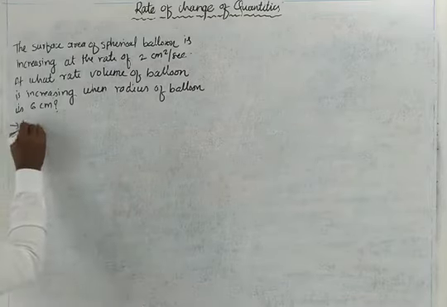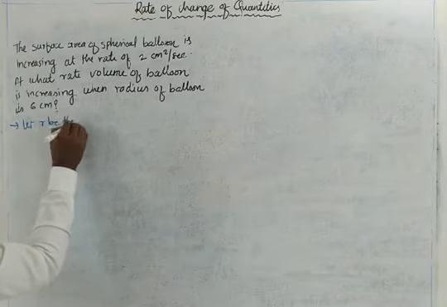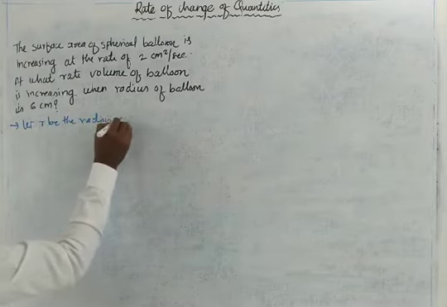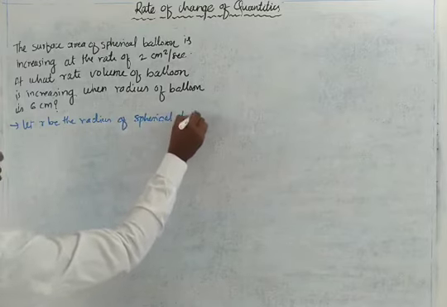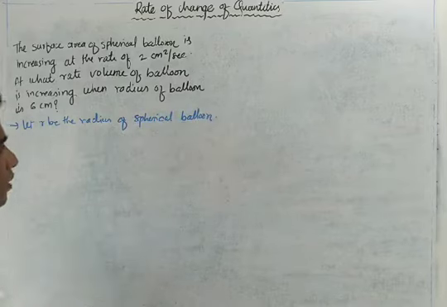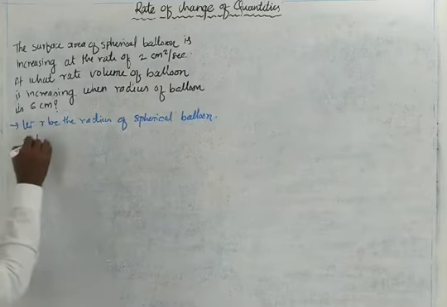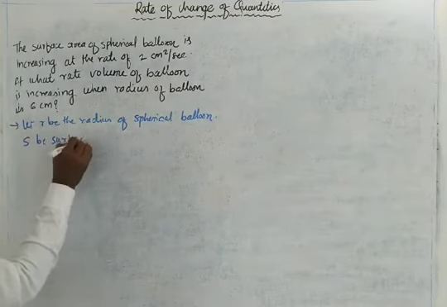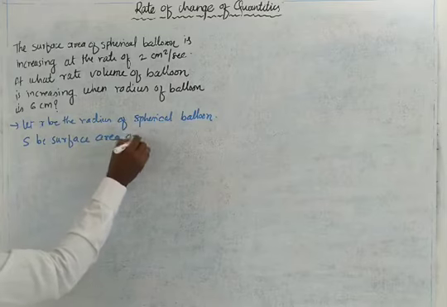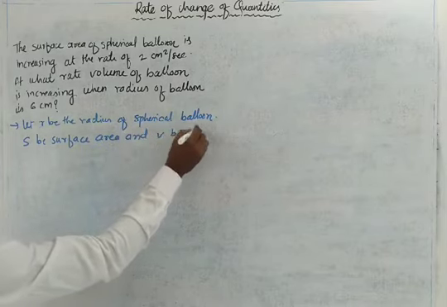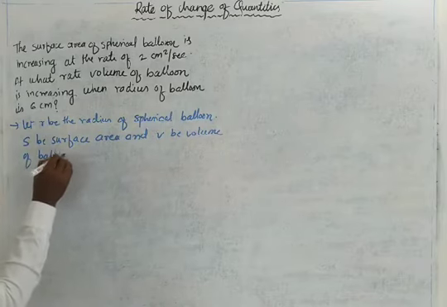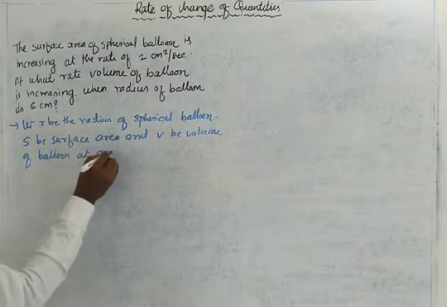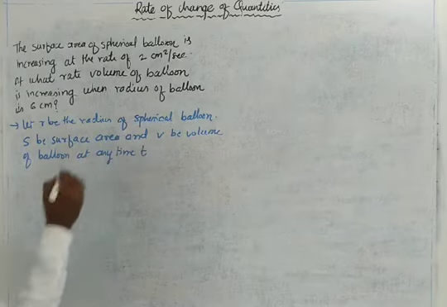First, let r be the radius of the spherical balloon, then S be the surface area and V the volume of the balloon at any time t.